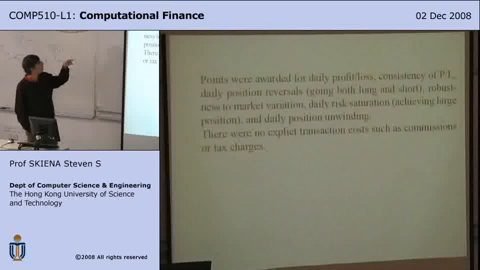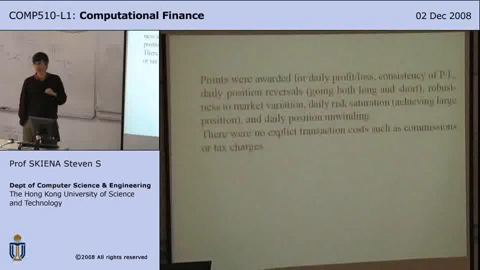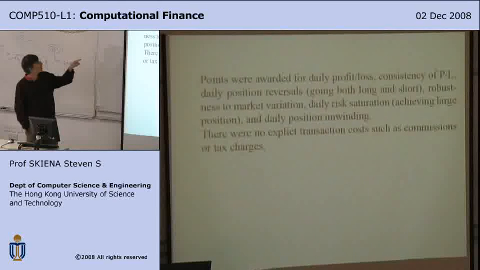They gave you points for being insensitive to the market. If you made money on days the market went up and the market went down, that presumably is a better, more market neutral strategy than one that just made its money when the market went up. Okay? They gave points for what they called risk saturation.